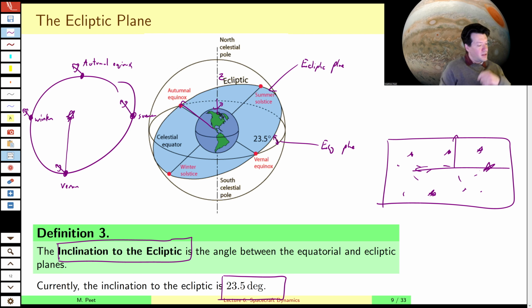Okay. So there's some discrepancy here. So here at the vernal equinox, what's going on? In the winter, as measured from the northern hemisphere, where presumably many of us are living, the sun appears to be below the equatorial plane.